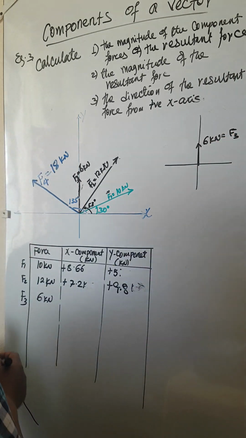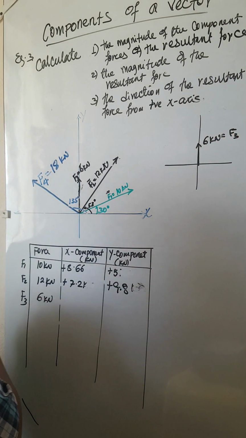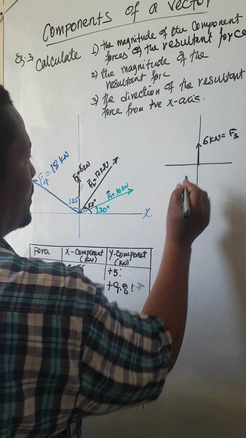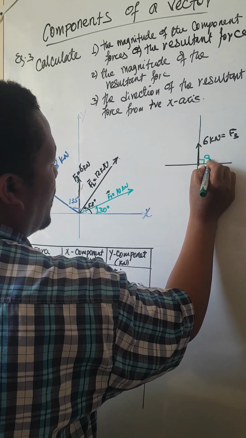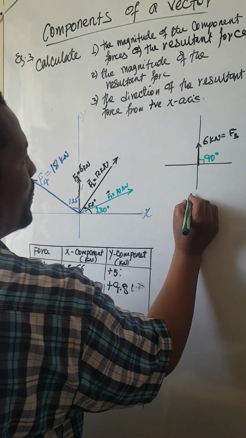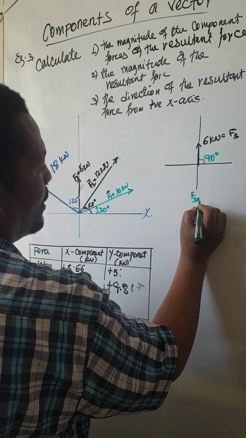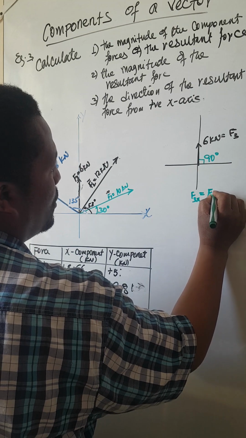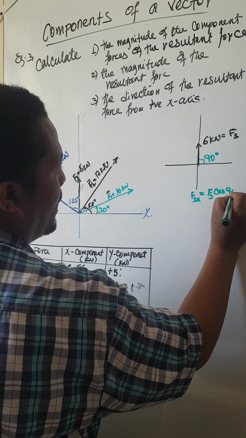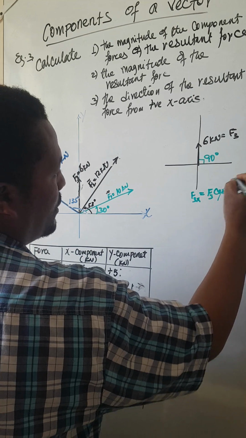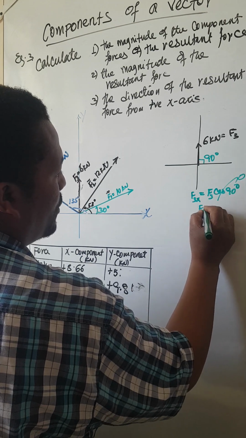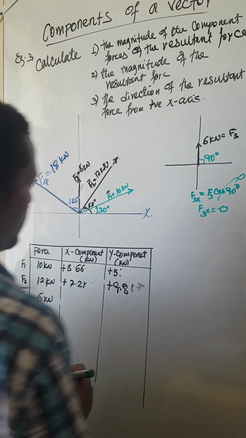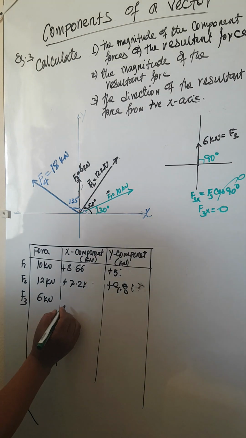If it's in the y direction, it's making an angle of 90 degrees, so that F3x is equal to F3 times cosine of 90 degrees. Cosine of 90 degrees is 0, then F3x is 0.